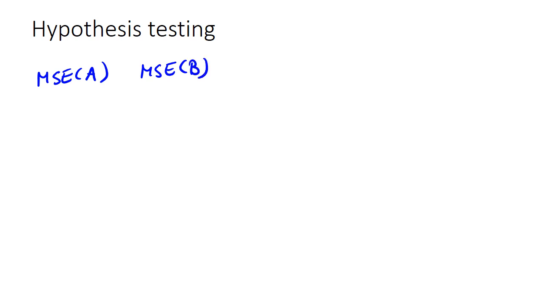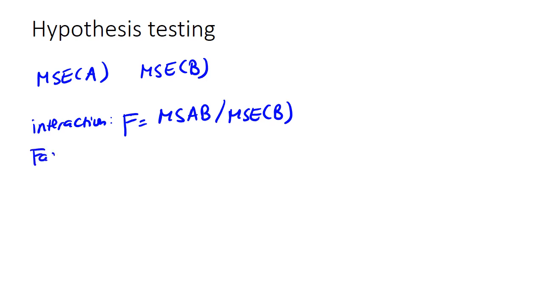We use the subplot error to calculate the F-test for the interaction and the subplot. We use the main plot error to calculate the F-test for the main plot and the blocks.